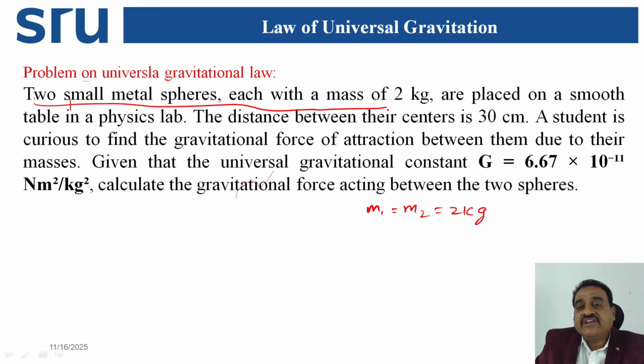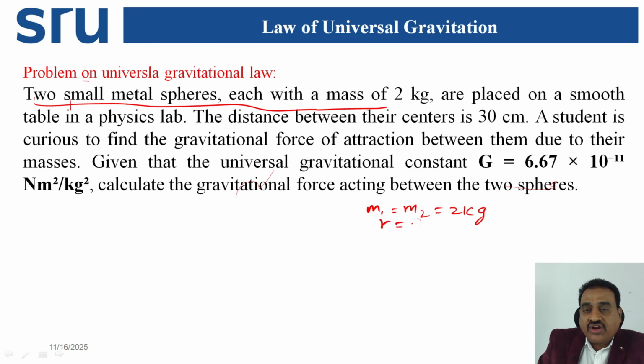The distance between their centers is 30 centimeters. A student is curious to find the gravitational force of attraction between them due to their masses. Given that the universal gravitational constant is 6.67 into 10 to the power minus 11 Newton meter square per kg square, calculate the gravitational force acting between the two spheres.